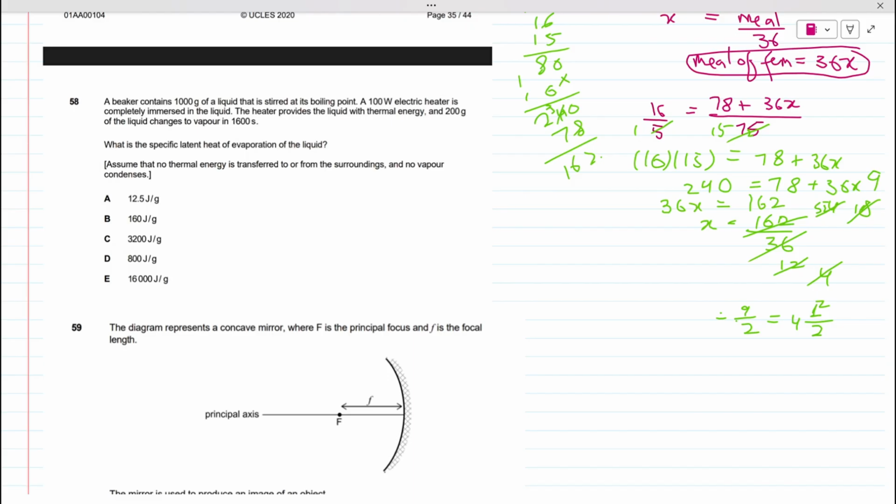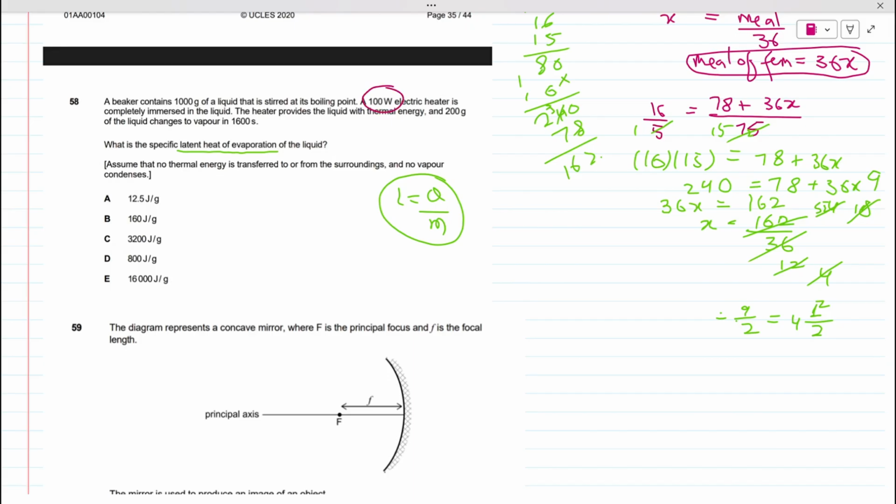So this is what latent heat is. We have to find the latent heat here, and the formula for finding the latent heat is energy per unit mass. This is the formula for finding the latent heat, right? The energy which is required to change the state of the matter.